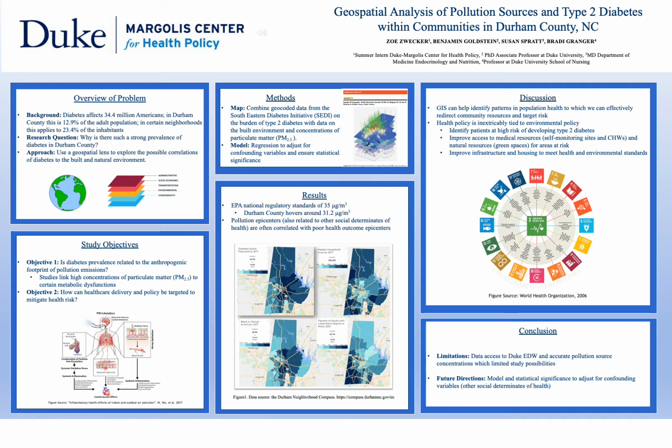So the idea here, in terms of methods, was to use already geocoded data from the Southeastern Diabetes Initiative, called SEDI, that considered the burden of type 2 diabetes. This data comes, like I mentioned before, from the SEDI dataset, which was conducted in many different locations in the Southeast, including Durham County.